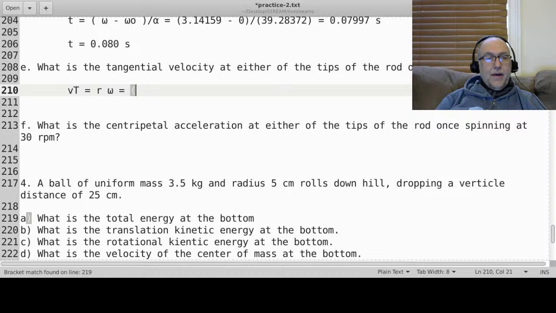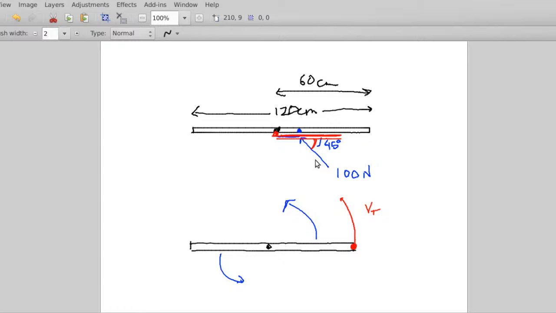All right, so it's at the tip, and let's go back to that diagram very quickly. You say, well, at the tip, measured from where? How do I measure that r? And the answer is, it's measured from the axis of rotation to where it's acting. So that r is like that there.